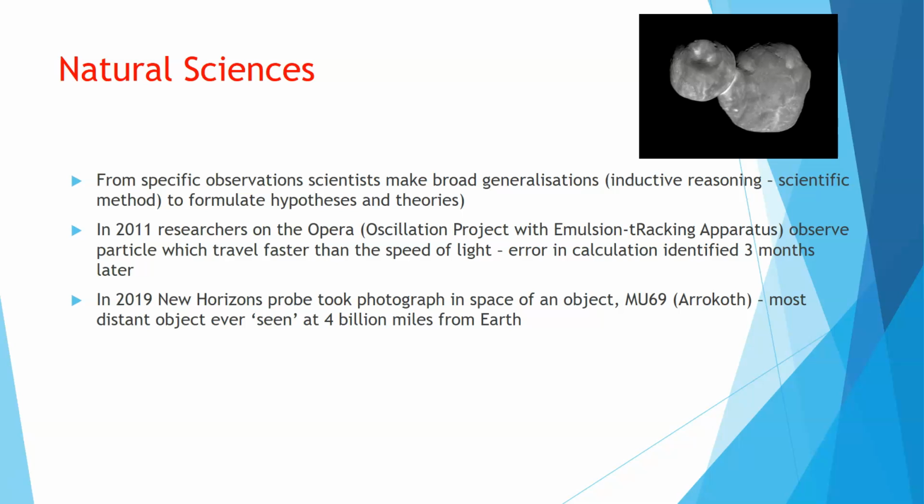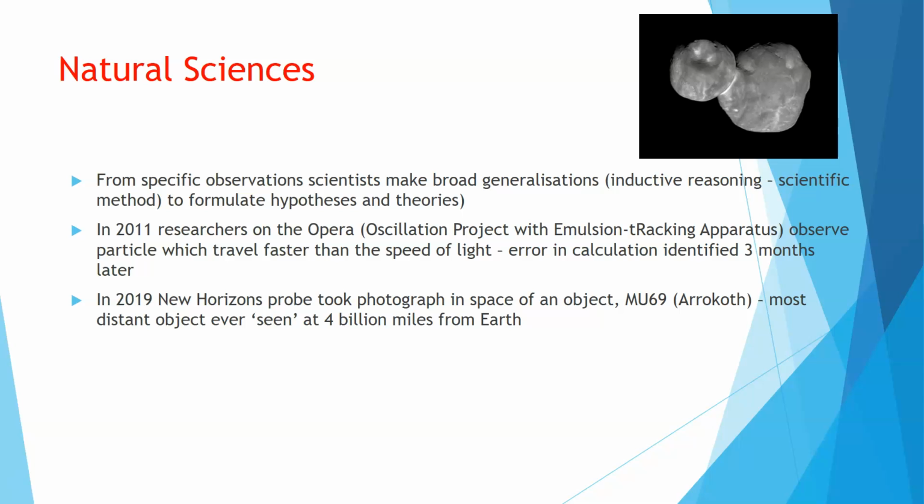More recently, it's always good to use recent examples. The New Horizons probe found an object in space, which they thought looked kind of like two pancakes, if you like. And this is the most distant object ever seen, at 4 billion miles from Earth.